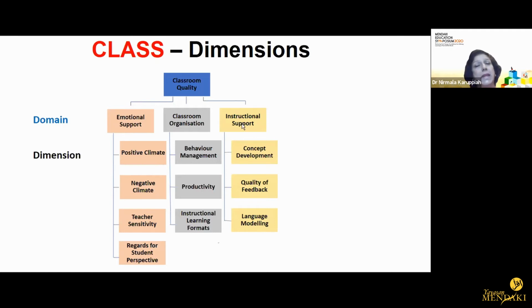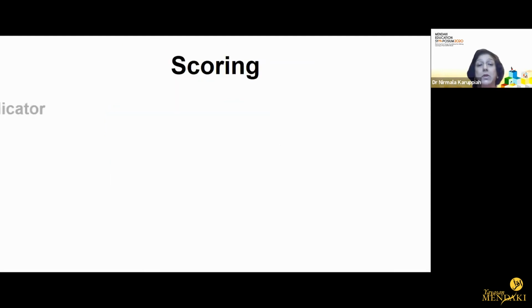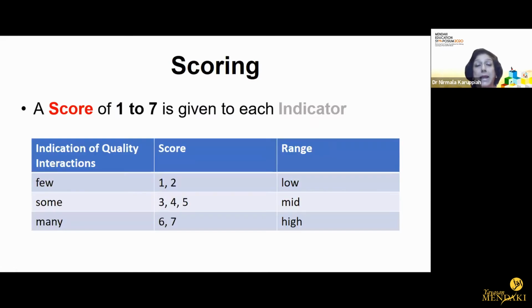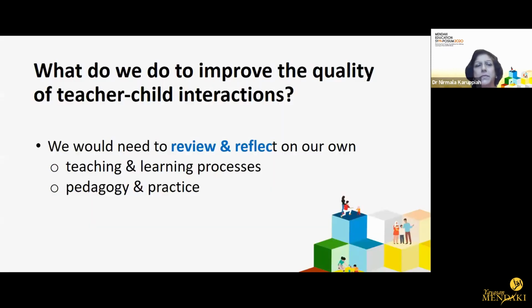But when it came to the instructional support, teachers didn't perform too well in this area, right? And so the scores were generally mid to high for emotional support and classroom organization, but rather low for instructional support. So what did we do with those scores?